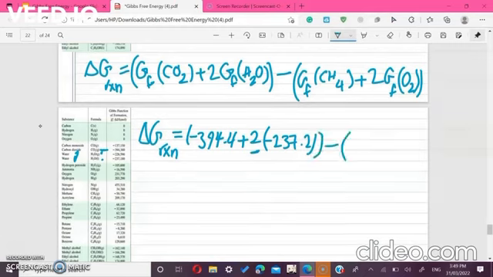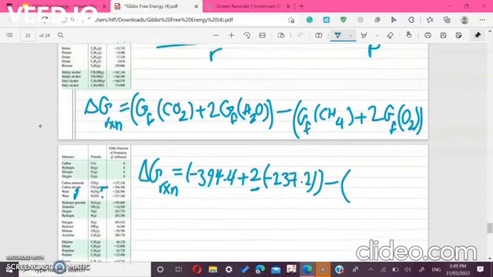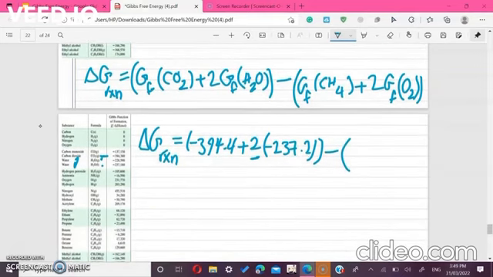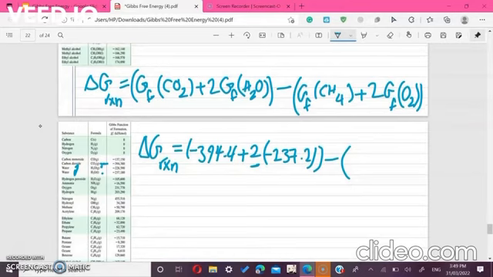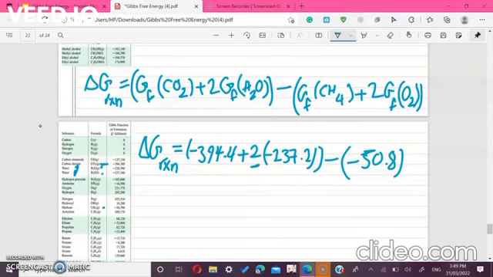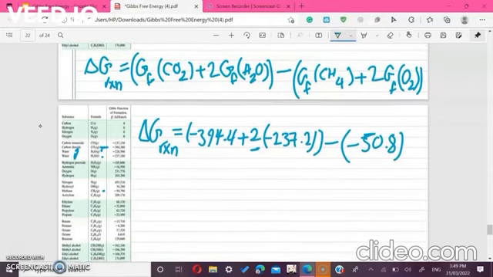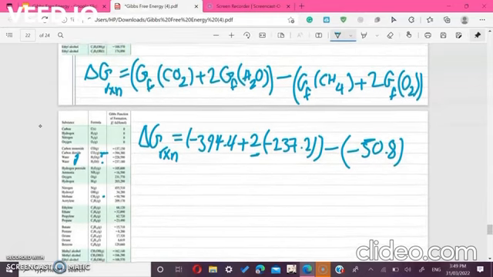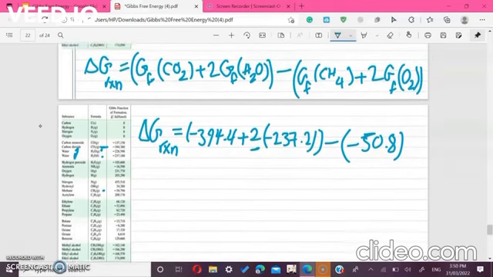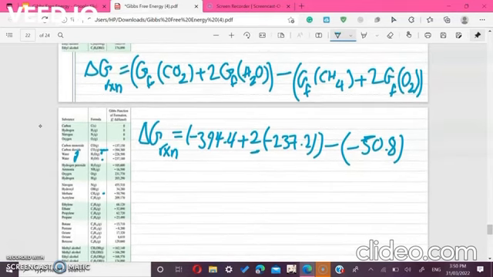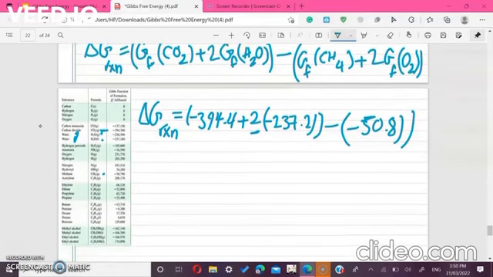So we minus now the values for the reactants. G formation for CH4. CH4 is here. The value is negative 50.8. Plus 2 G formation for oxygen, and oxygen is 0, so no need to add it in the equation.